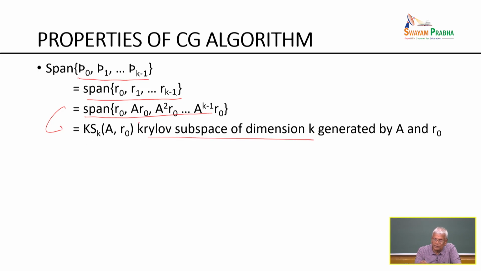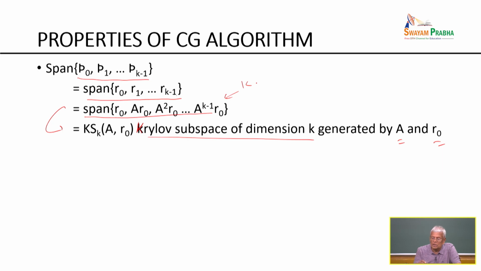This is capital K. Krylov is another Russian mathematician. The Krylov subspace of dimension k is generated by A and R0. R0 is a vector, A is a matrix. I generate a set of vectors R0, A R0, A squared R0, up to A to the power of k-1 R0, so a set of k vectors. These k vectors are linearly independent, and they generate a subspace.